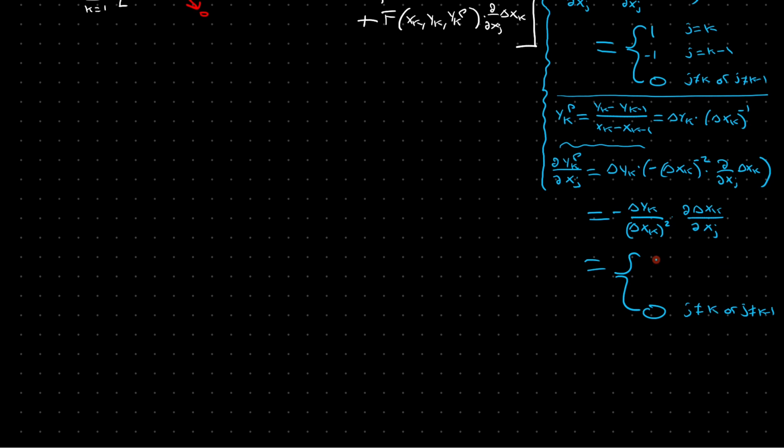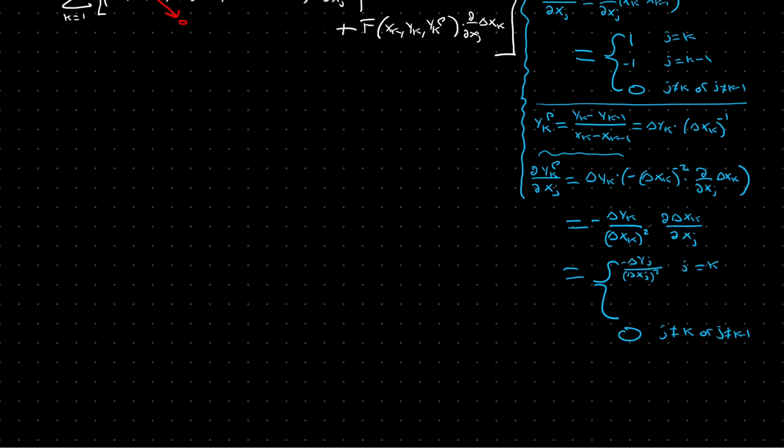So when j equals k, this is just going to be negative delta yj over delta xj squared. And because the derivative of delta xk with respect to xj is negative 1 when j equals k minus 1, that negative 1 multiplied by this negative 1 gives you positive.